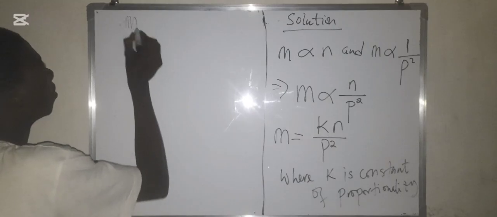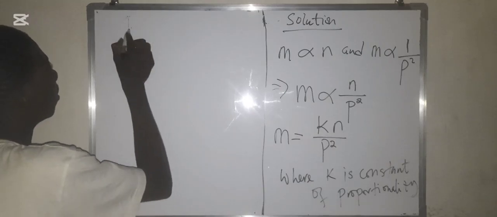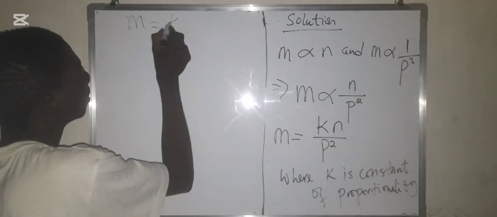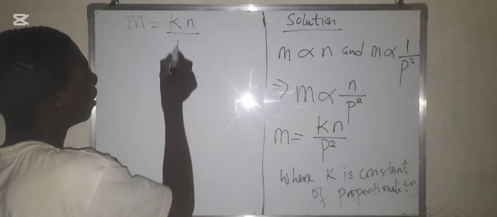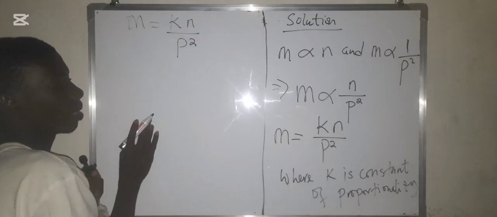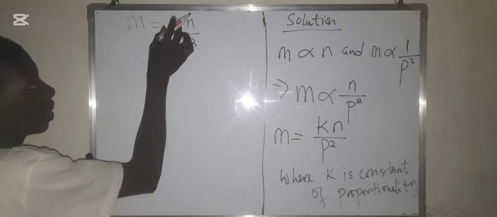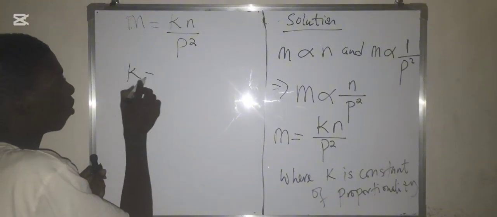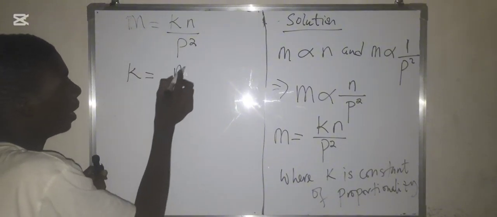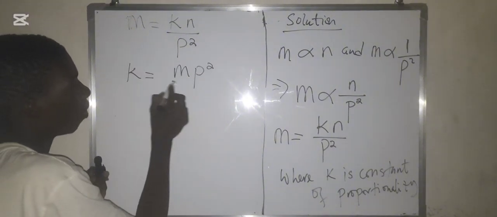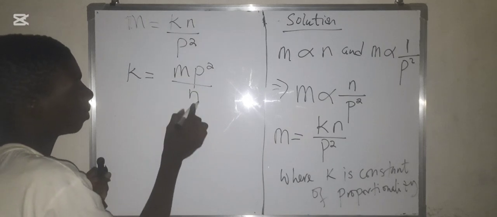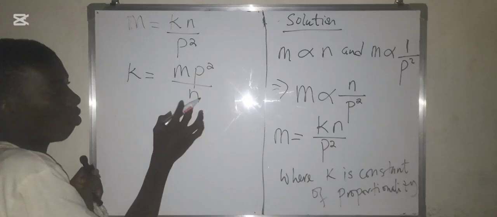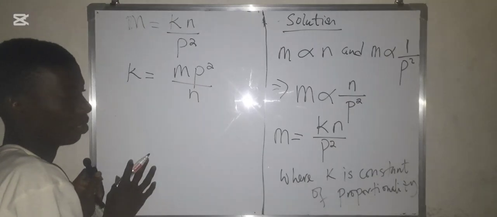We said M equals K N over P square. So now we make K the subject, and we have K equals M P square over N.